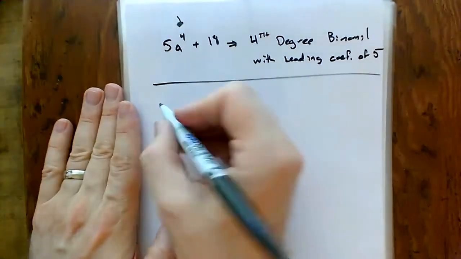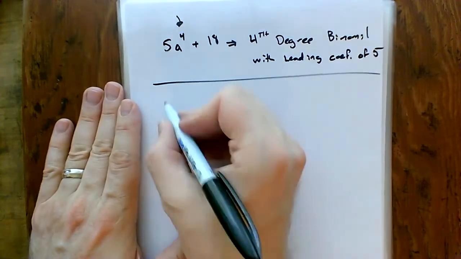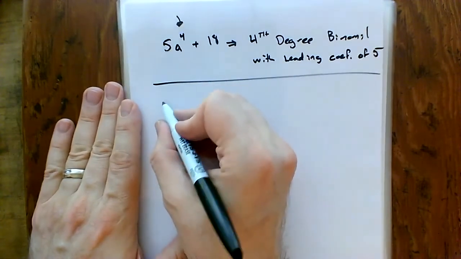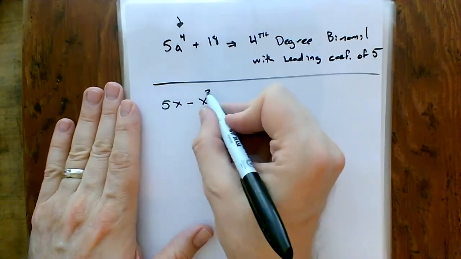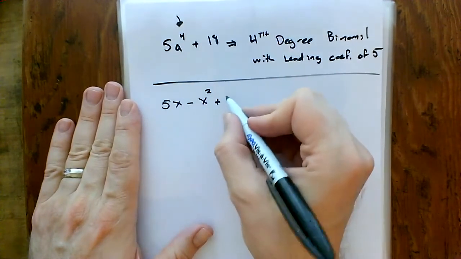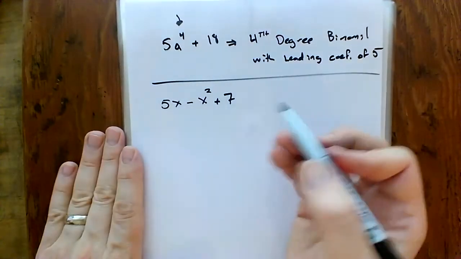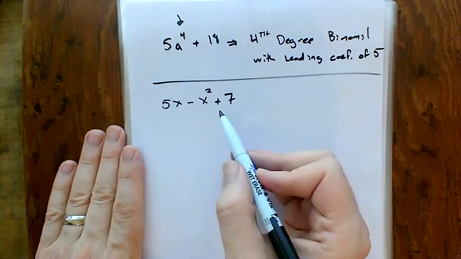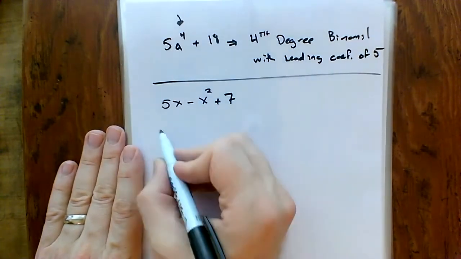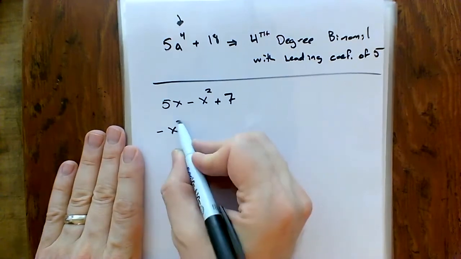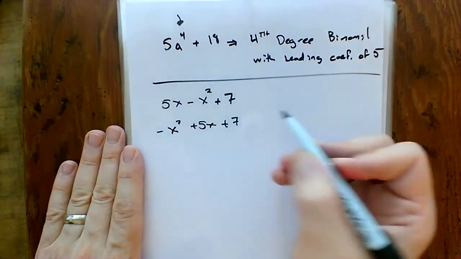I could do another one. I'm going to be a little bit sneaky here. Let's say I've got 5x minus x squared plus 7. Well, here I need to rearrange these terms because it's not in highest power first. I'm going to put the highest power up first. This is going to be negative x squared plus my 5x plus my 7.